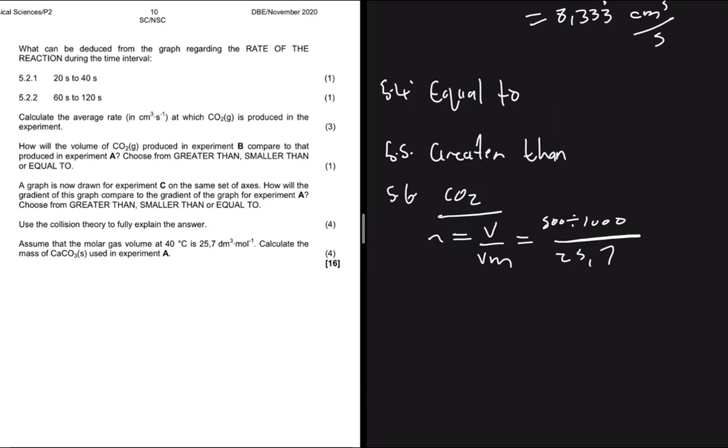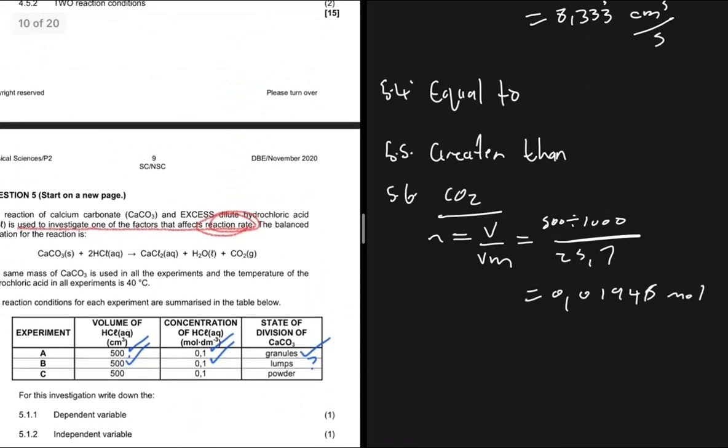So we have 0.5 divided by 25.7, which is equal to 0.01946 moles.